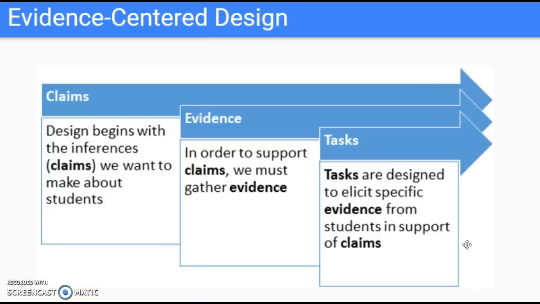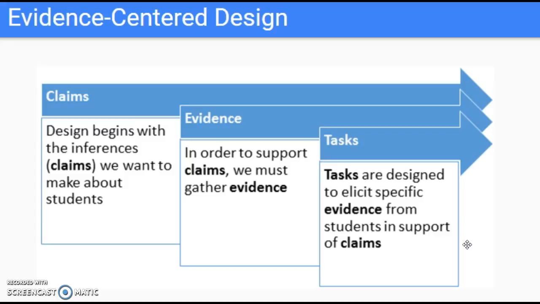Before we dive into the task generation models today, it's important to note that PARCC relies on an evidence-centered design in order to make its master claim of whether or not students are on track for college and career readiness. In order to support its claim, PARCC gathers evidence, and tasks are designed to elicit specific evidence from students in support of these claims.